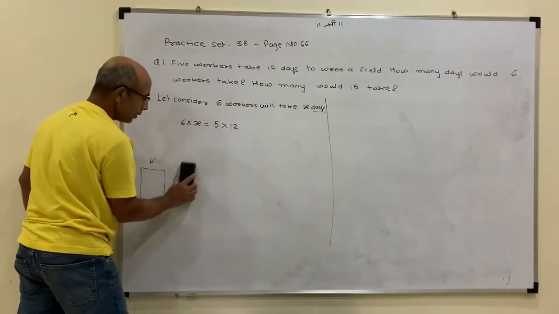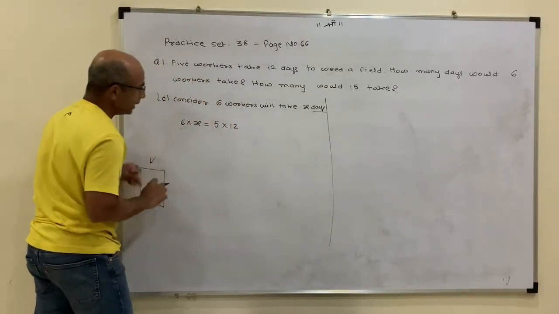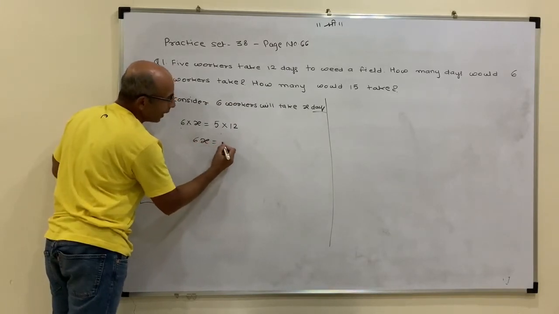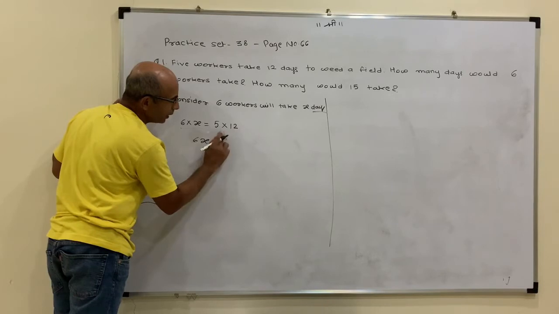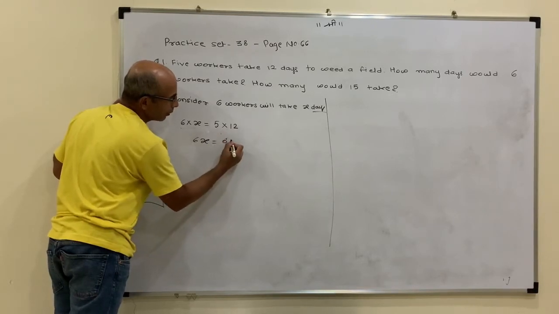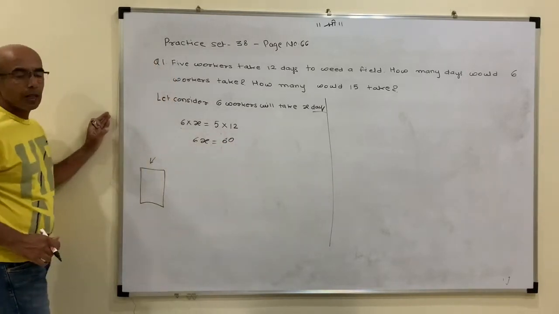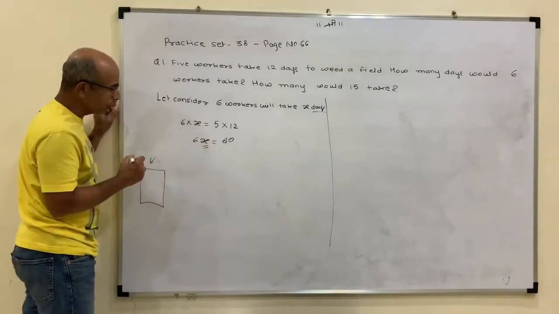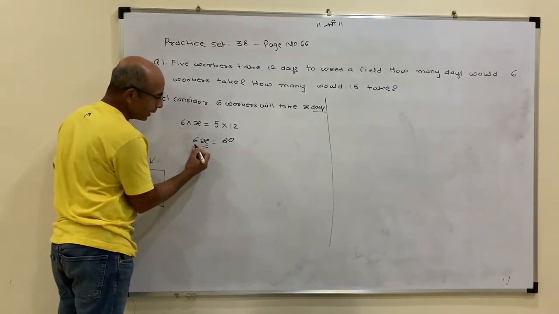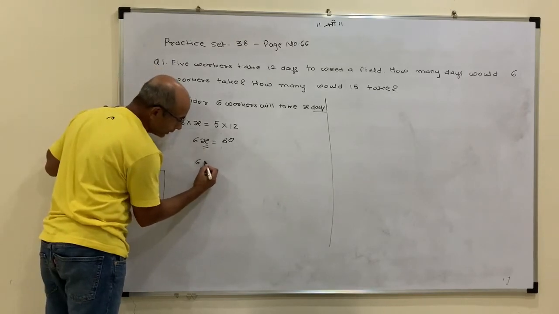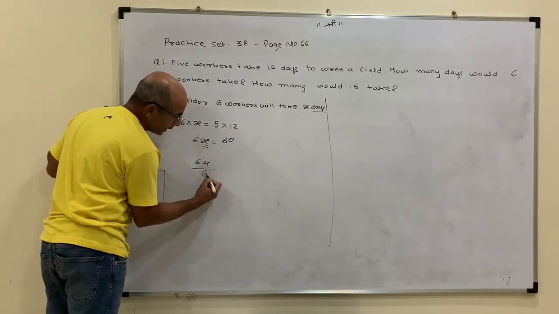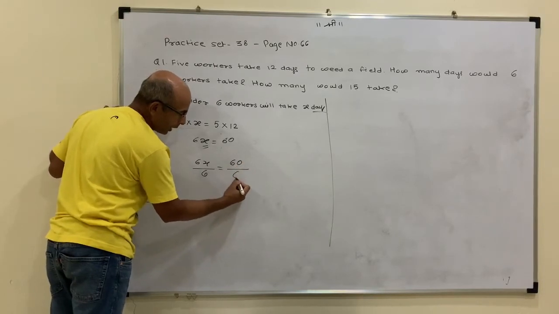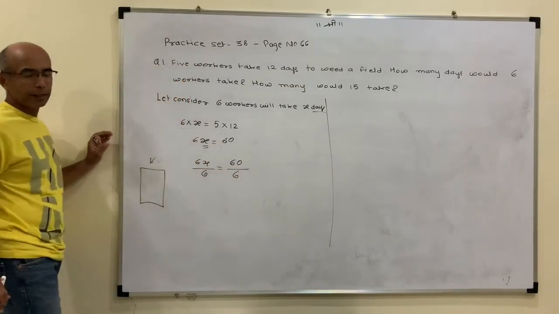Now to solve this one, 6 into x is 6x, 5 into 12 is 60. Now to find the value of x, I need to isolate x. 6 is multiplied, so I divide by 6 on the left hand side and I have to do the same operation on the right hand side to maintain the equality.